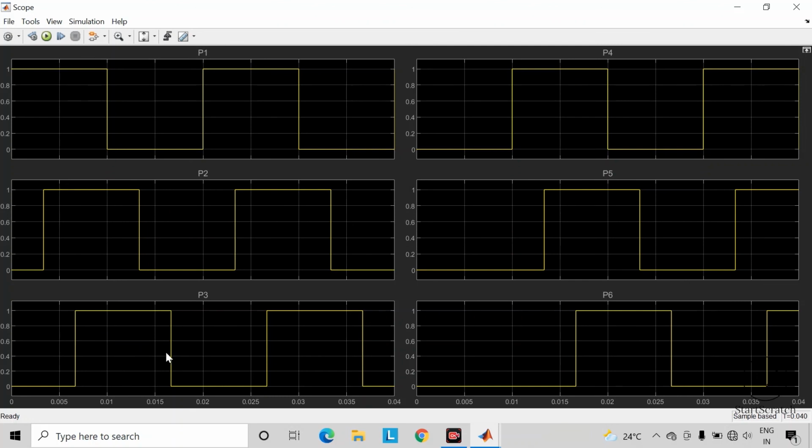The pulse is applied to switch S3 after a 60-degree phase delay as compared to switch S2, as you can observe here. Similarly, you can check out these waveforms for switches 4, 5 and 6.